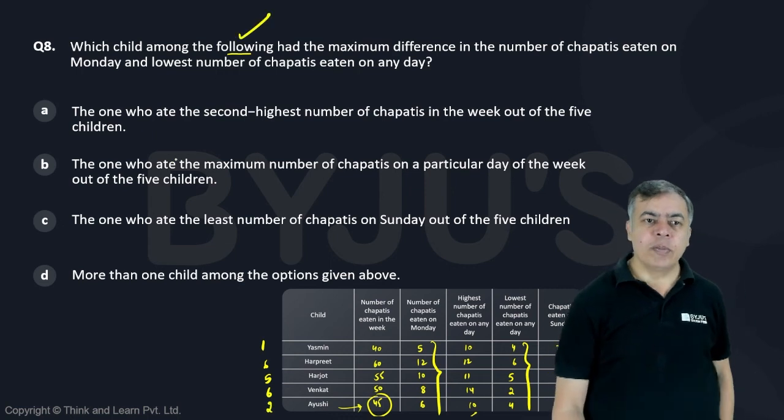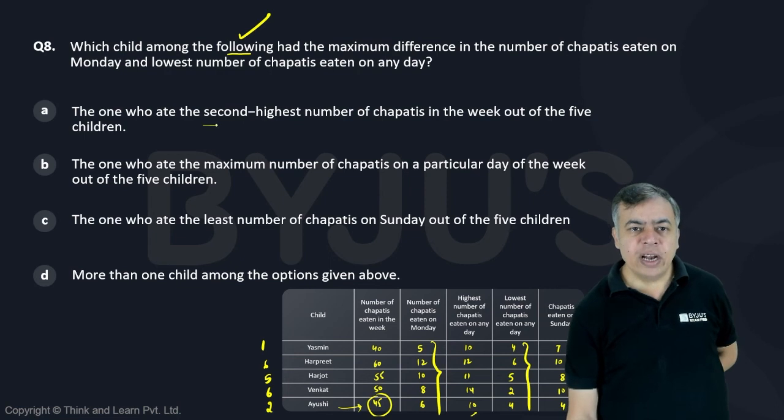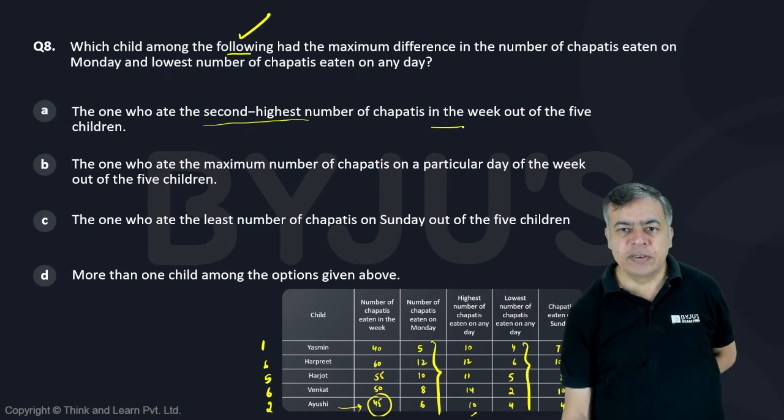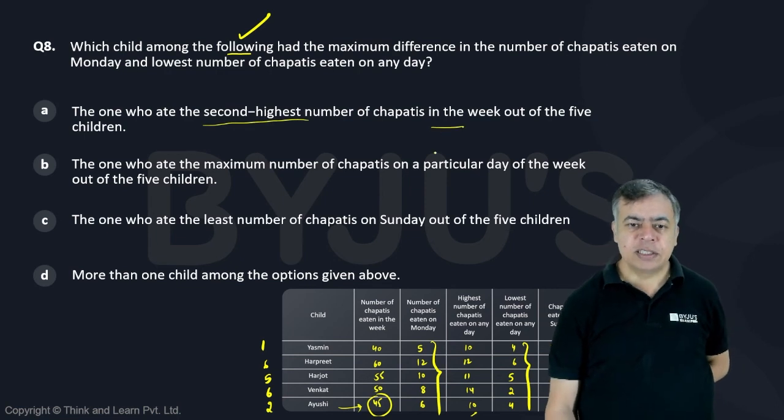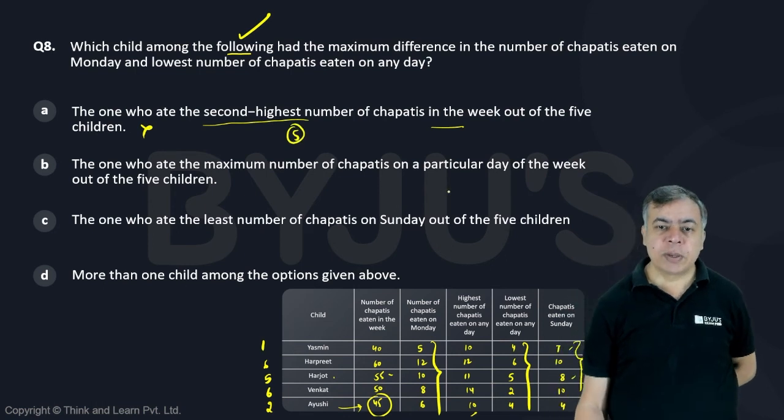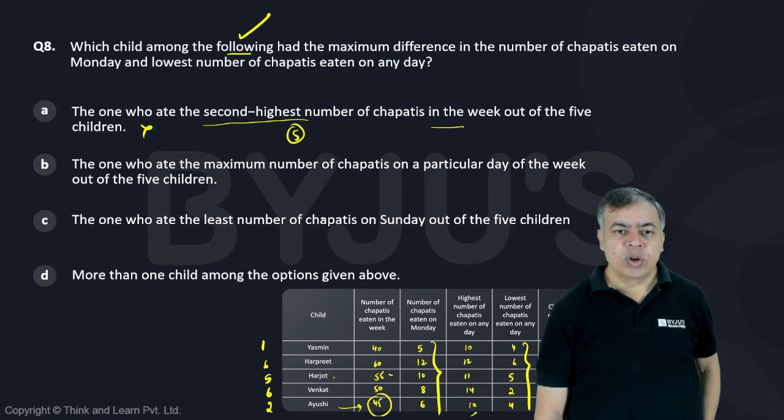That means one is the one who ate the second highest number of chapatis in the week out of the 5 children. Second highest is 55. That is Harjot, the difference will be 5. Now the one who ate the maximum number of chapatis on a particular day of the week is Venkat also.